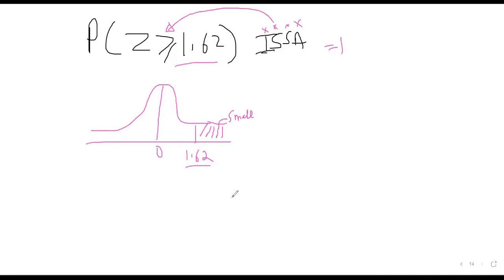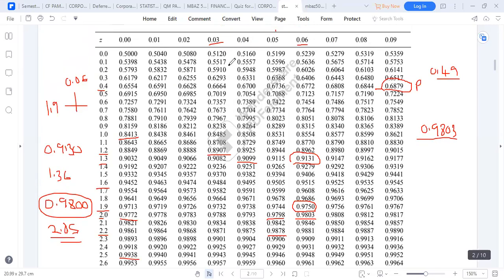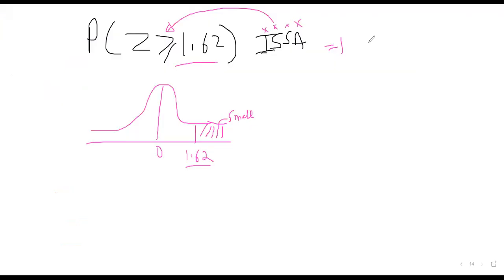So when we go to 1.62, what is the reading for 1.62? We go to our table. 1.6, 0.02. But we get 94.84.